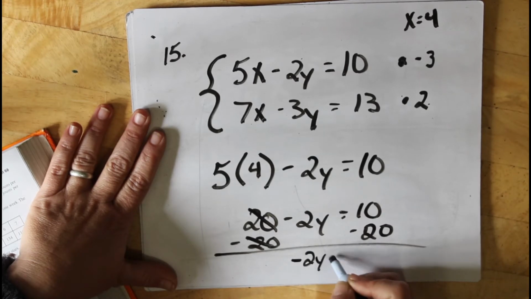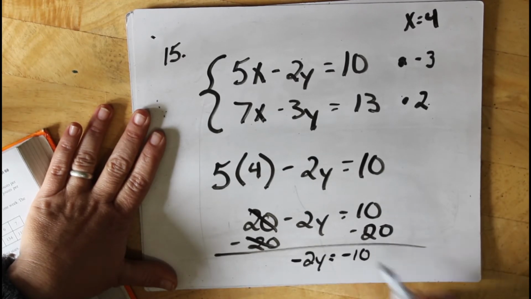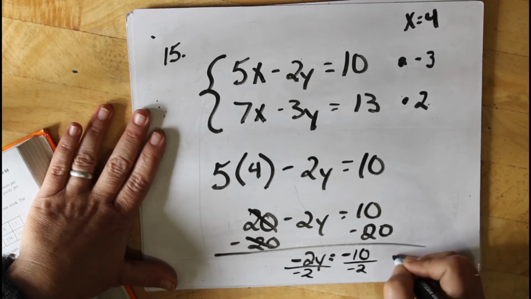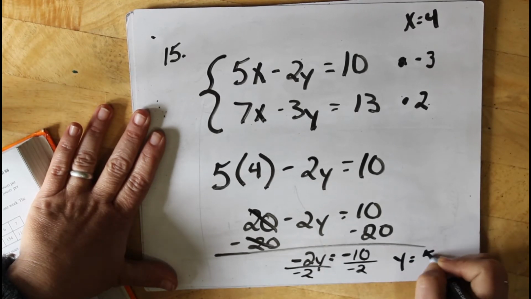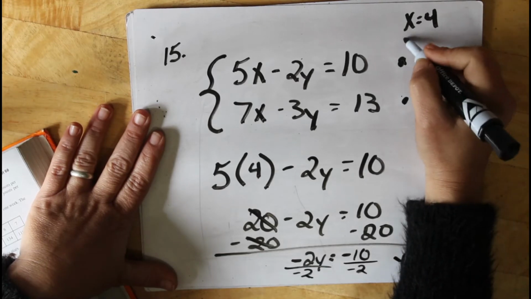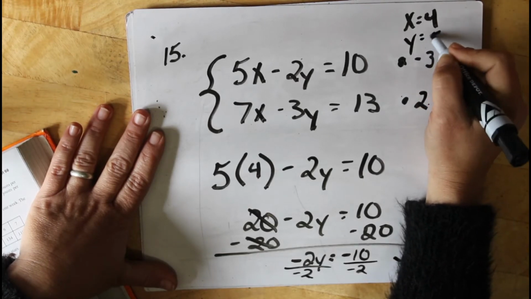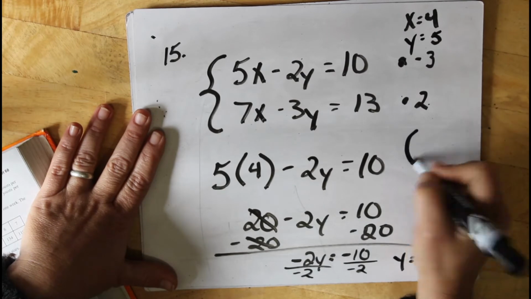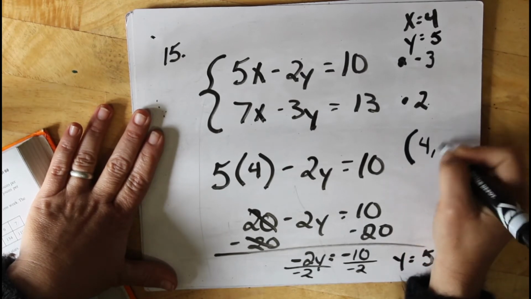Negative 2y equals negative 10. Divided by negative 2, divided by negative 2, y is going to equal 5. So, y equals 5. So the answer, write it in parentheses, would be 4, 5.